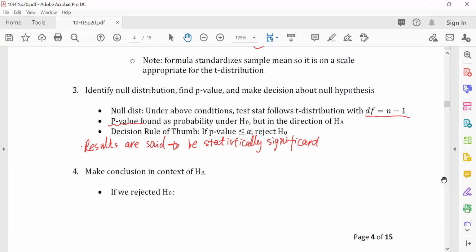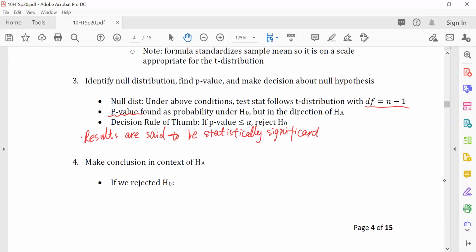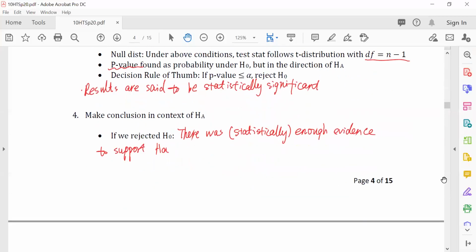So if we reject H null, we say there was statistically enough evidence to support HA.